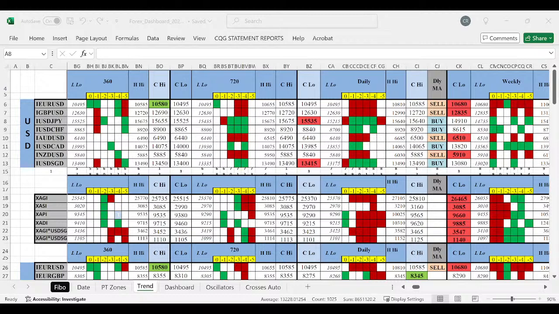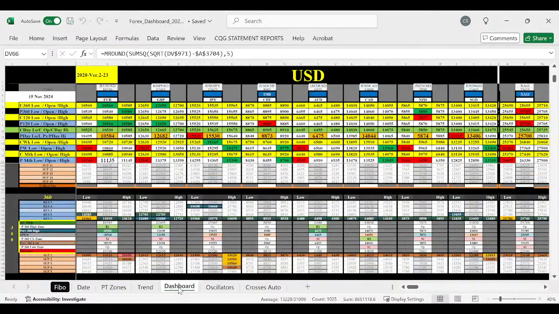Because I think we put in 15605, so we got to put in a nearer level because the market has already started turning down before the data announcement. So what we will do is we will try to sell.